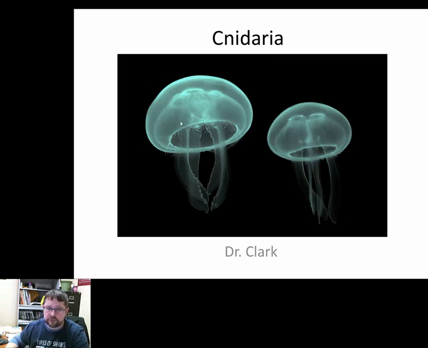These are moon jellies belonging to the genus Aurelia, and this is the group of jellies that we dissected, not really dissected, but examined in lab.